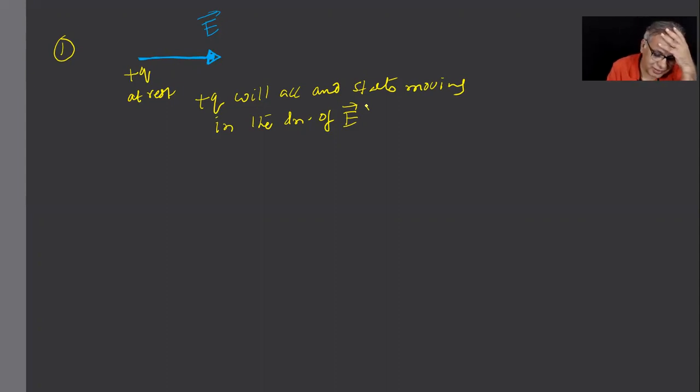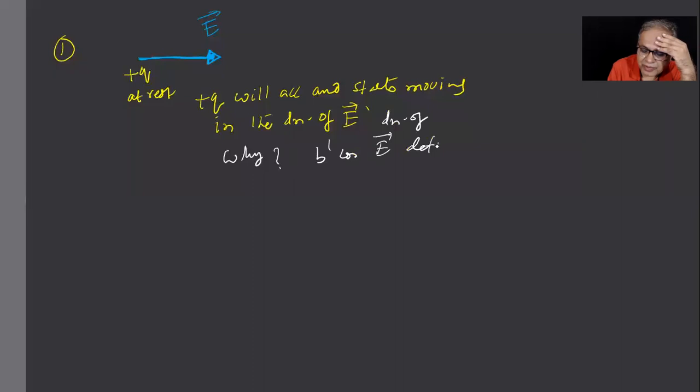Now, second question. You may ask why? Tell me. Because E is defined as, direction of E, actually.